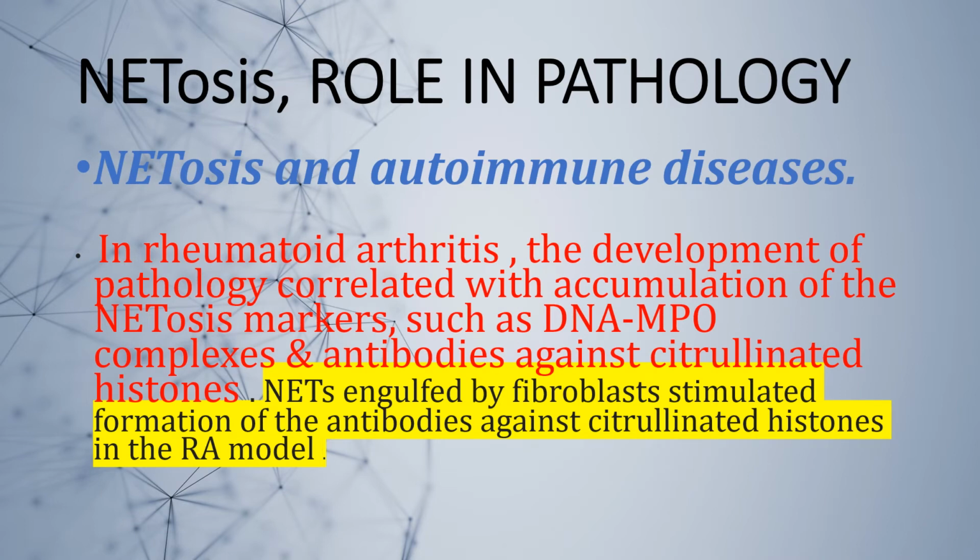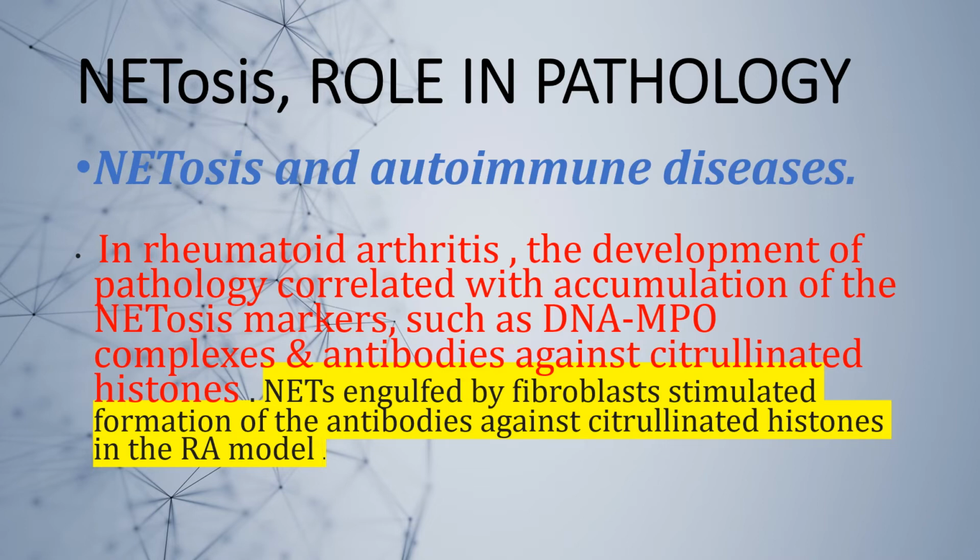Another example of the role of NETosis in autoimmune diseases is in rheumatoid arthritis, where the development of pathology is correlated with the accumulation of NETosis markers such as DNA-myeloperoxidase complexes and antibodies against citrullinated histones.